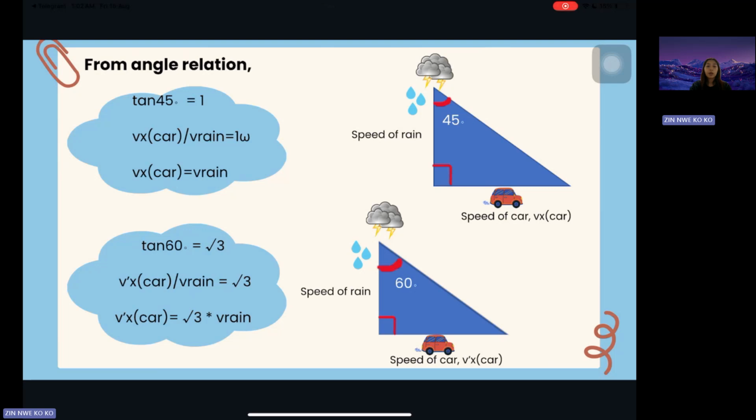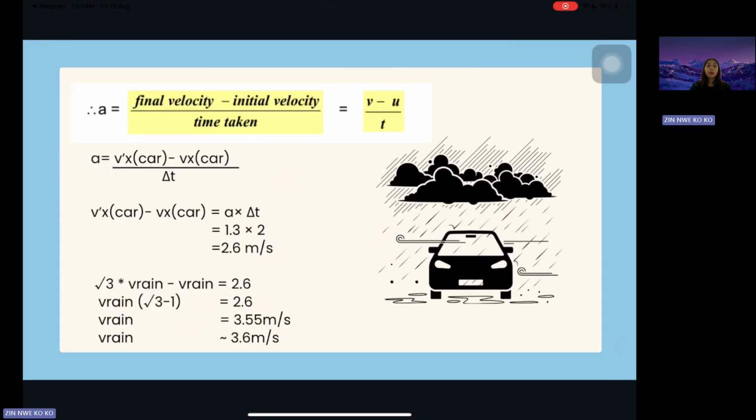So the speed of the car equals the speed of the rain. After 2 seconds, the car's horizontal velocity increased because of the acceleration. So tangent 60 degrees equals root 3. So the speed of the car v0x over the speed of the rain equals root 3. So the speed of the car equals root 3 times the speed of the rain.